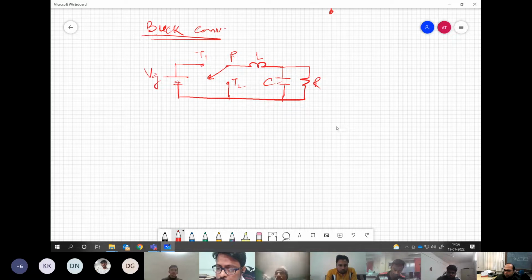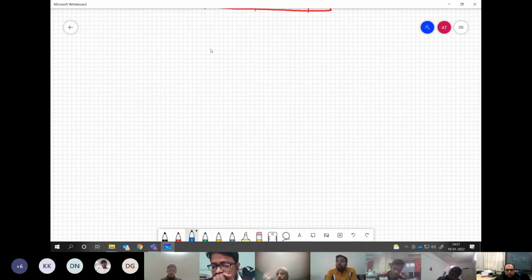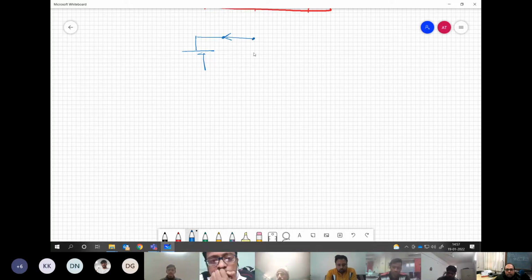Fine, right? No confusion in this. So the different states we can draw for this circuit are, let us say, when the switch is connected to PT1, so I will draw it like this, and PT2 is open.